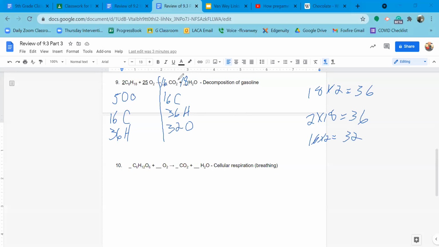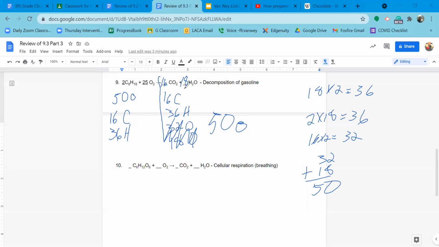So 18 times 1 is 18 oxygens. And then 32 and 18 make 50. So I have 50 oxygens on both sides. I have 50 here, 50 here. I have 16 carbons, 36 hydrogens, 36 hydrogens. This is balanced. This is a balanced chemical equation.